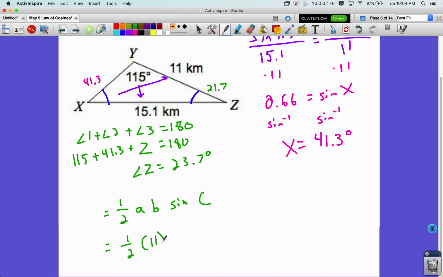One half times 11 times 15.1 times the sine of 23.7 degrees. I've still got the number in my calculator, so I'll take the sine of that number and multiply it by 11 times 15.1 times 0.5. And the area here is 33.36 kilometers squared.